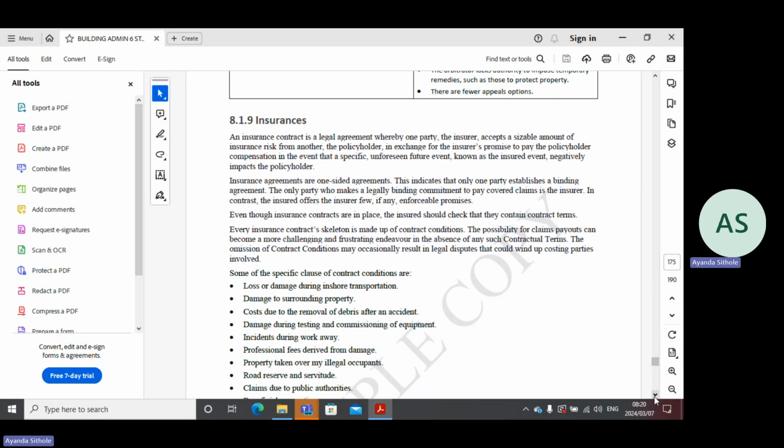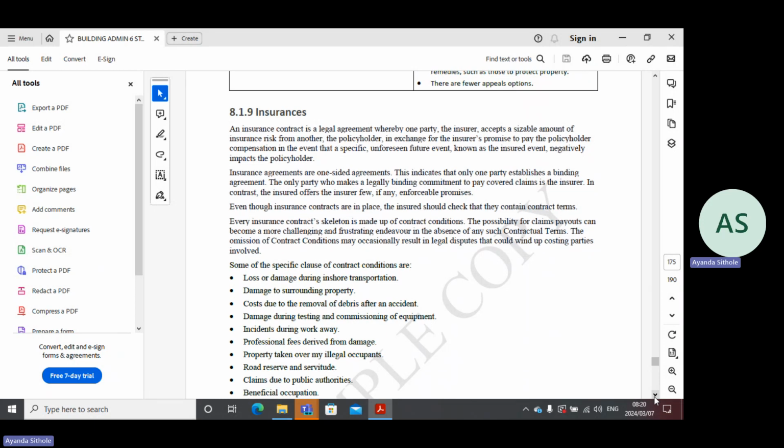In exchange, the insurer promises to pay the policyholder compensation in the event that a specific and unforeseen future event, known as the insured event, negatively impacts the policyholder. Yes, so guys, as we all know and understand, that is how insurance operates.